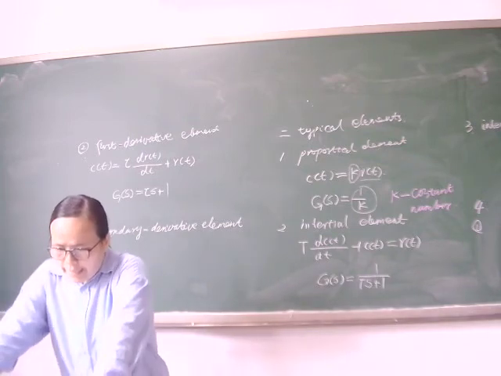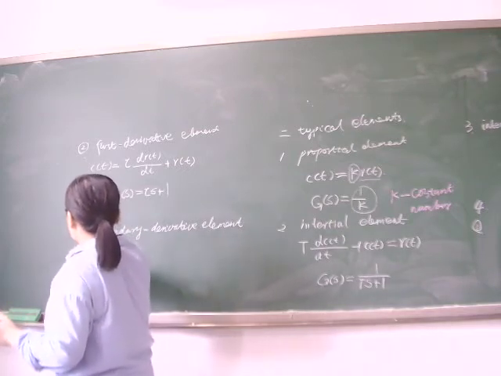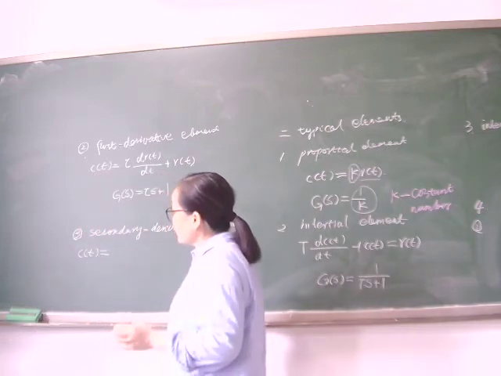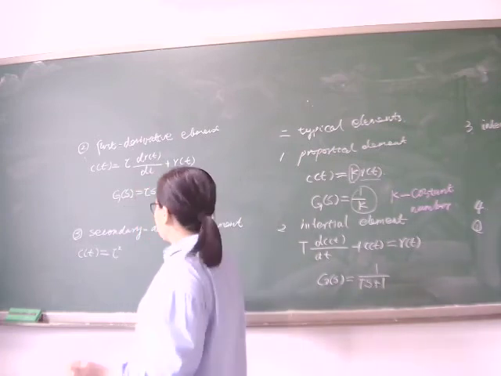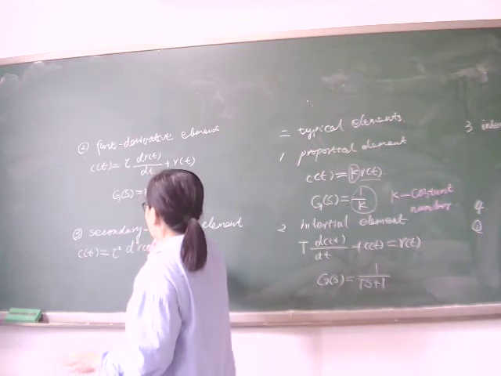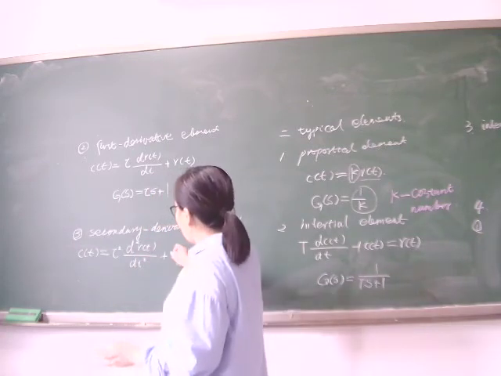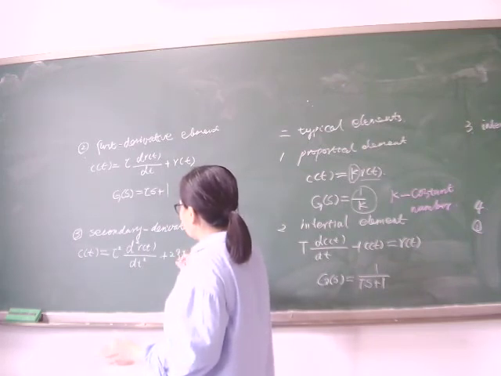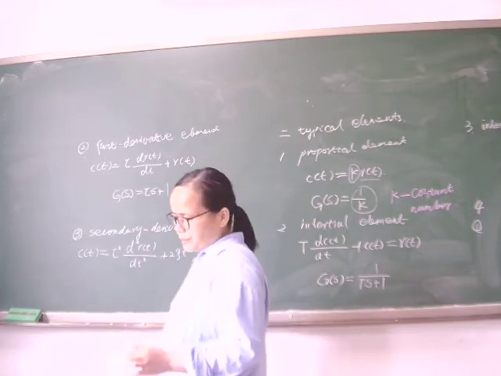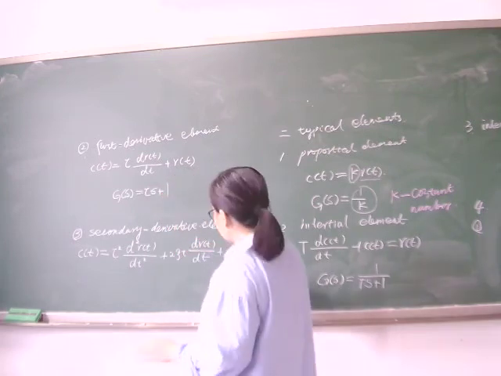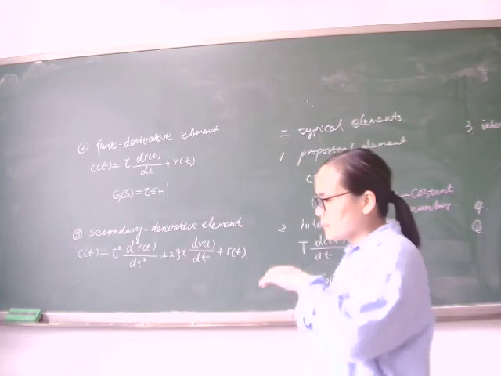Now, for the second derivative element, we can say C(t) equals tau squared d squared R(t)/dt squared plus 2 zeta tau dR(t)/dt plus R(t).